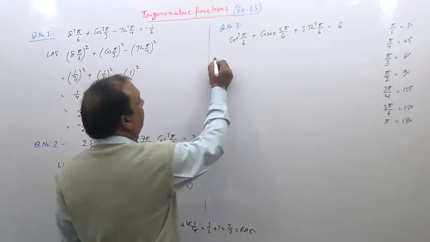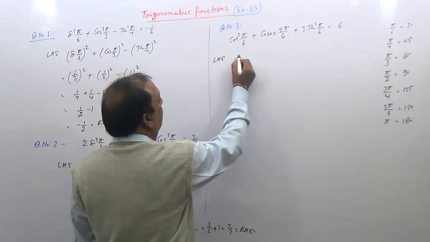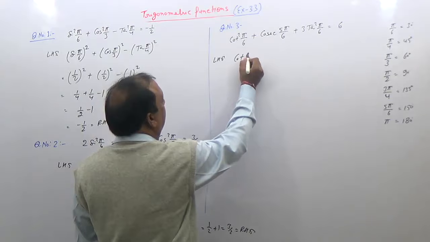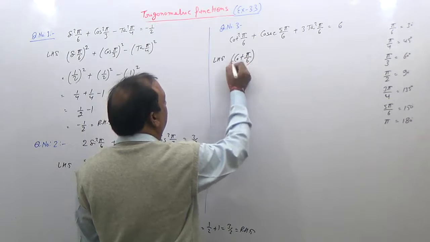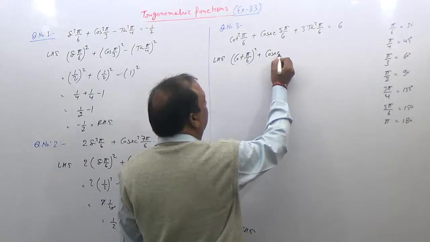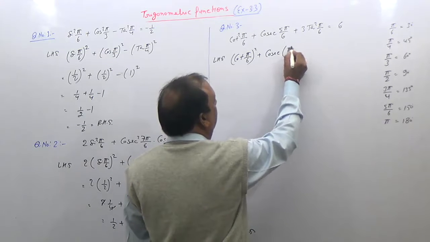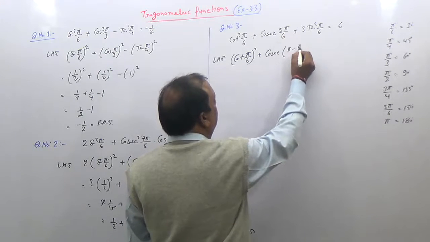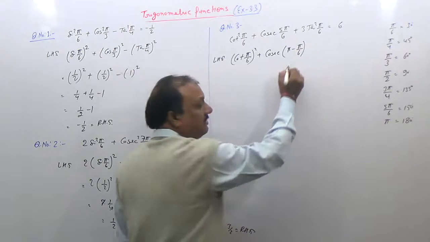So taking the left hand side, this can be written as cot pi by 6 whole square, and this one is cosec 5 pi by 6, changed as pi minus pi by 6.